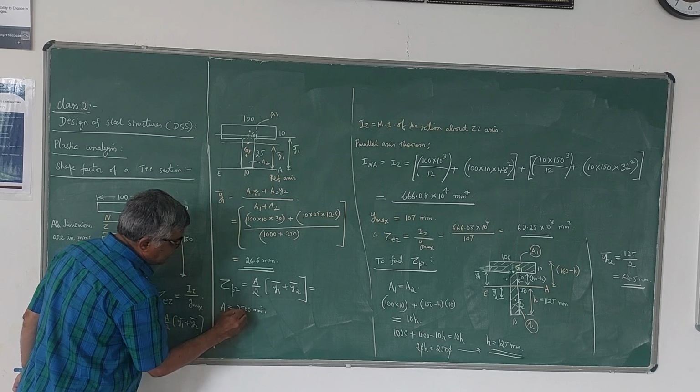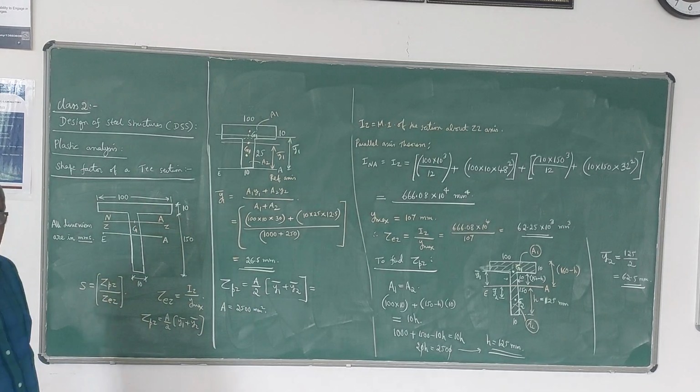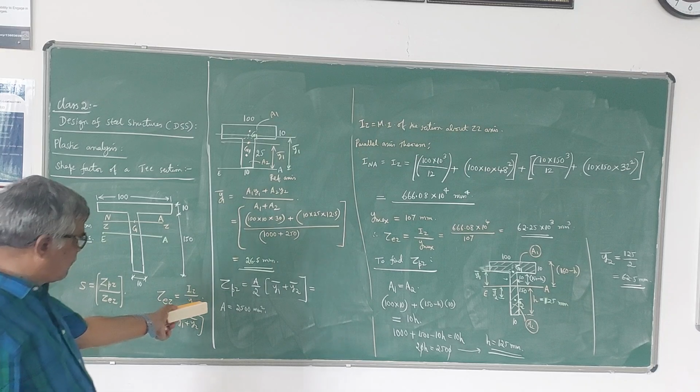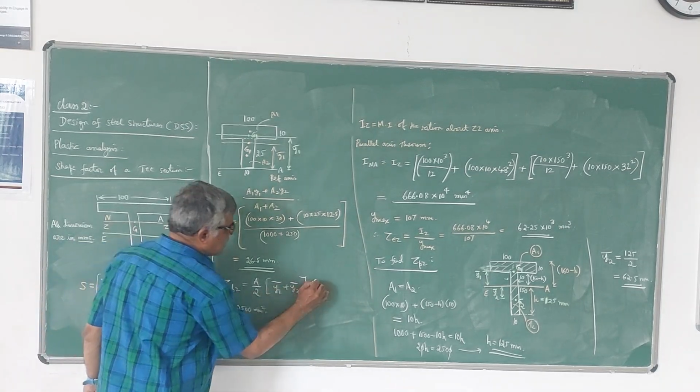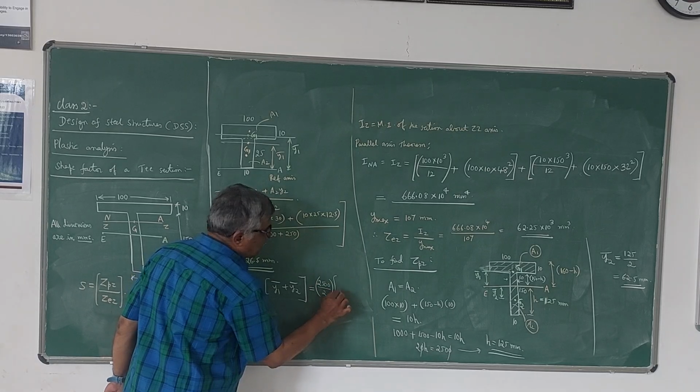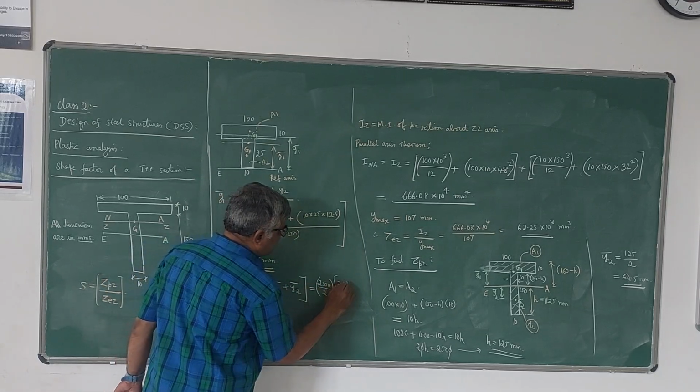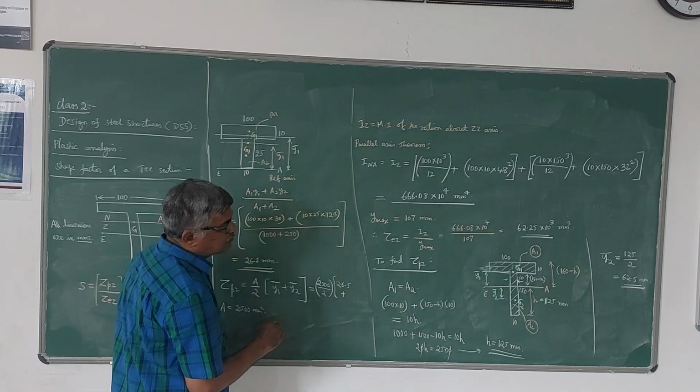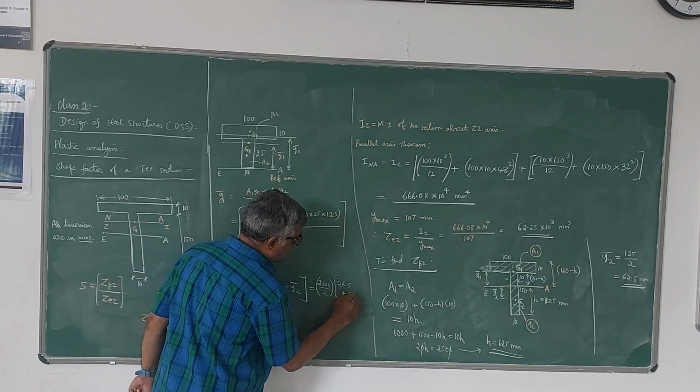So initially, while locating the centroid, we found out the 2500. So the answer is now 2500 divided by 2, into y1 bar 26.5 plus y2 bar 62.5.